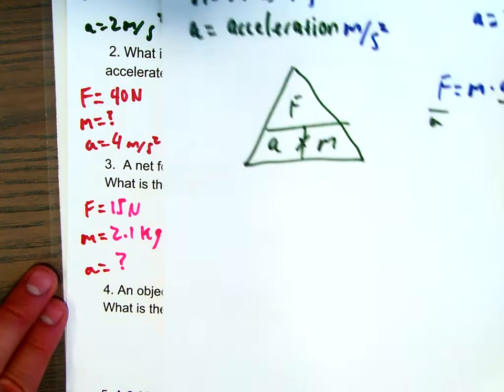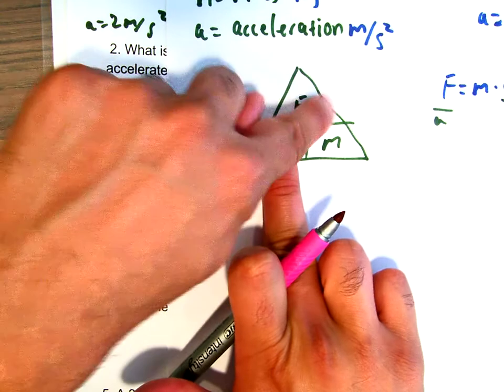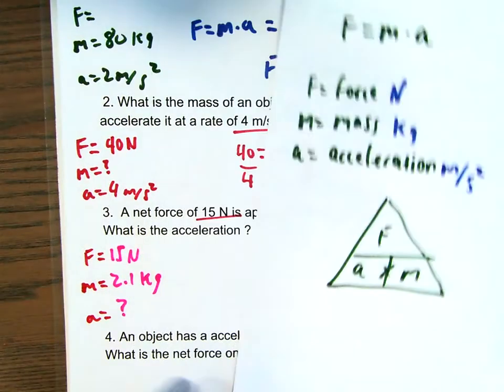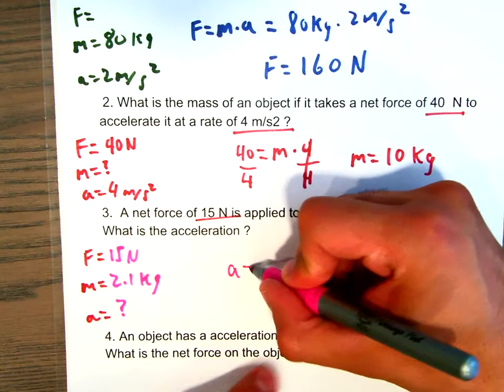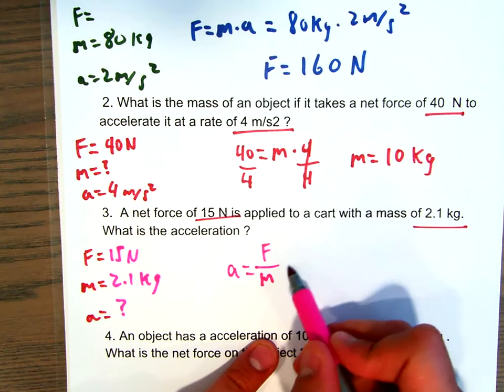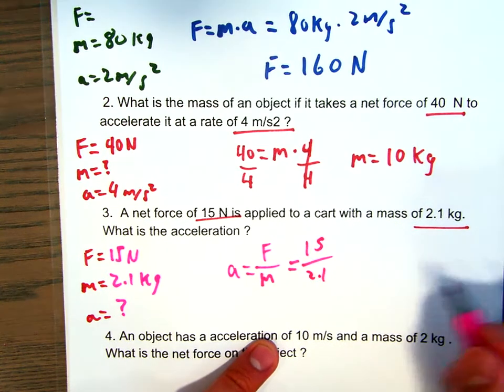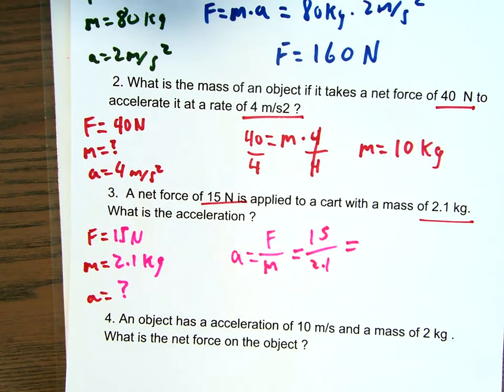Let's say I want to use this, so I block it. Acceleration equals force divided by mass. Okay, I plug in 15 divided by 2.1 equals, so this is not something that I'm going to do in my head.